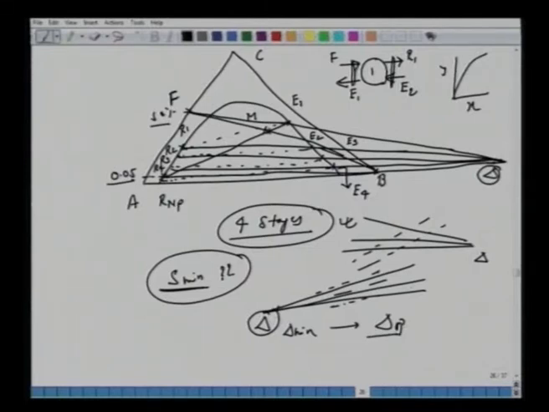And when the del point goes to the left or to the right, you should recall it depends upon the amount of solvent. If you have chosen here, this E1 is here, but if the E1 falls here because of a different amount of solvent, or this mixing point goes like this, then there is a possibility that this E1 and F, if you extend, may go back to the left hand side.